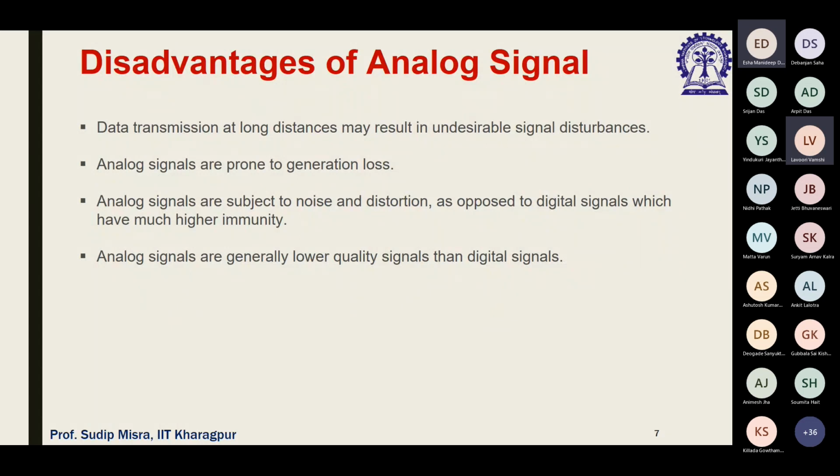So analog signals are not very advantageous in that sense, and they are prone to generation loss. Analog signals are subject to noise and distortion, and are generally of lower quality compared to digital counterparts. So these are some of the disadvantages.